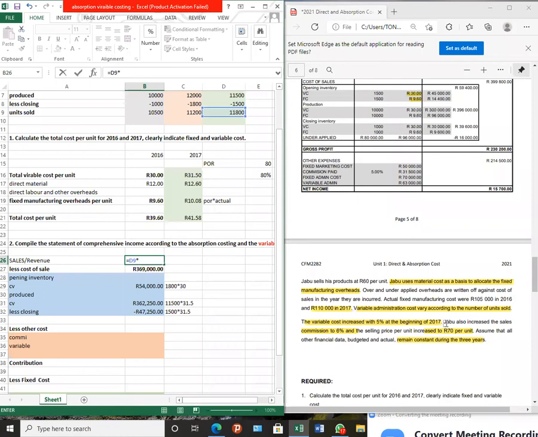Because here, guys, the sales price per unit increased to 70 rand. 826,000 is our sales or the revenue, guys. And then the commission is calculated on what? On the sales or revenue, guys. And then the formula is equal to sales times 6%.